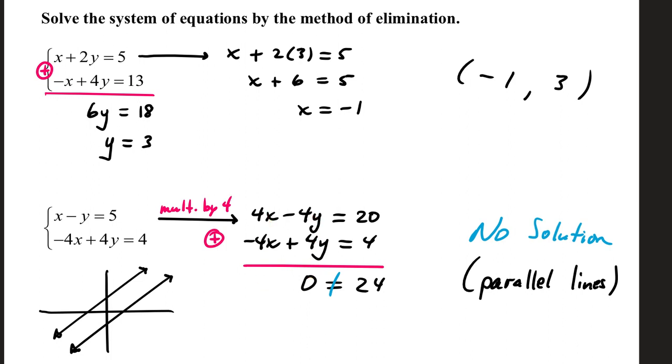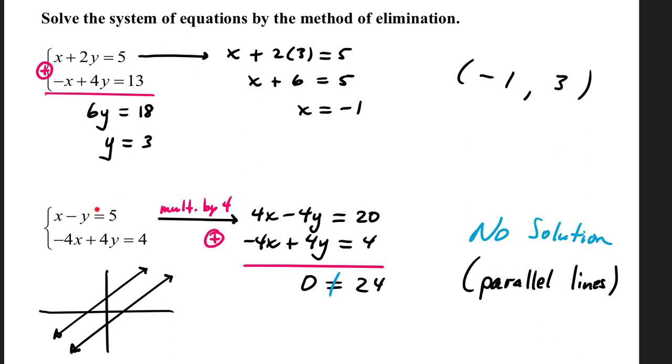So the x's add up to zero, the y's add up to zero, but your numerical values don't. If you ever run into a case where all of your variables disappear, but you're not left with 0 on the other side, you have what's called a contradiction, and that means no solution.